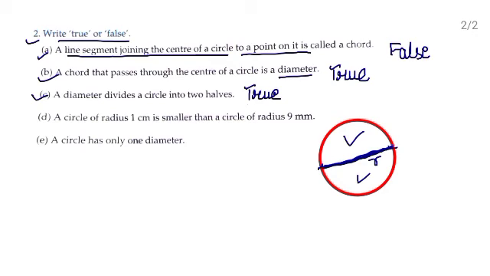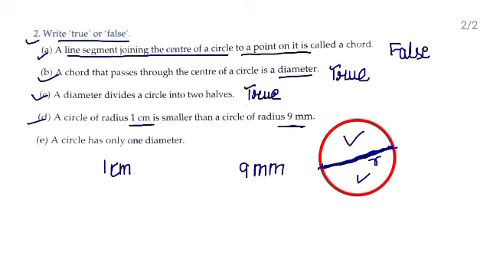Next, circle of radius 1 centimeter is smaller than the circle of radius 9 millimeter. Students, first of all you need to understand that whichever circle has the greater radius, that circle will also be greater. So simply we can find which radius is greater. This is 1 centimeter and next is 9 millimeter.